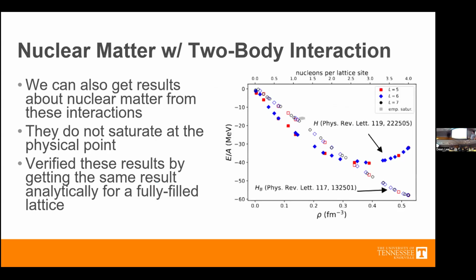So we tested some nuclear matter results from them, and we see that even though the empirical saturation is here, one interaction saturates much later, and the other one doesn't really seem to saturate. We were then able to verify these results by analytically getting a result for a fully filled lattice, and we got the same endpoints as the Hartree-Fock.